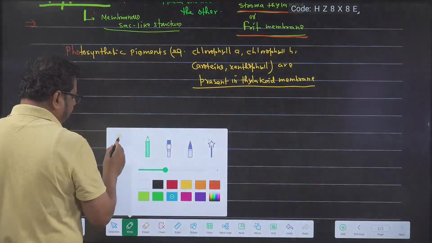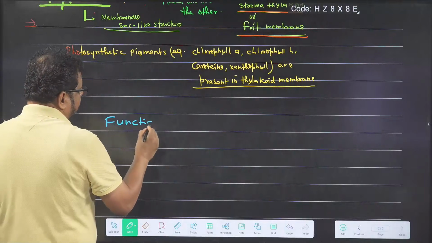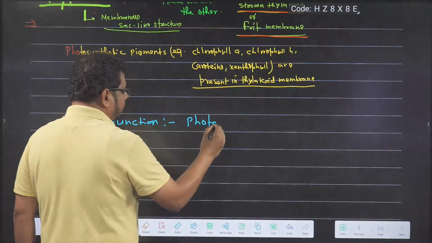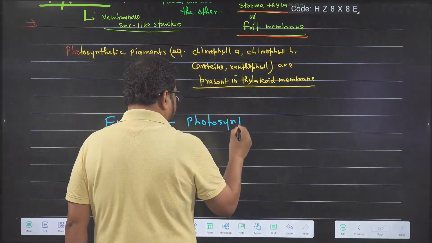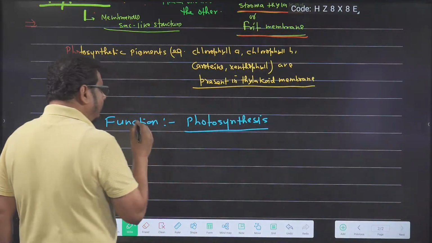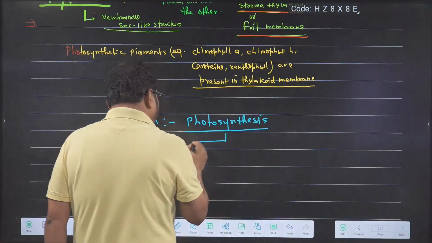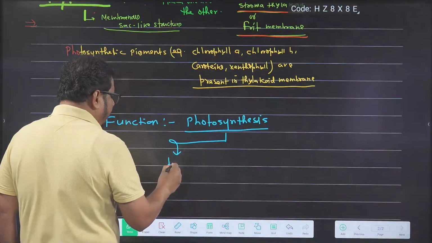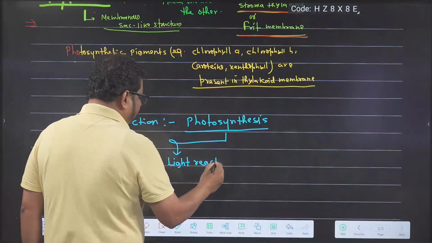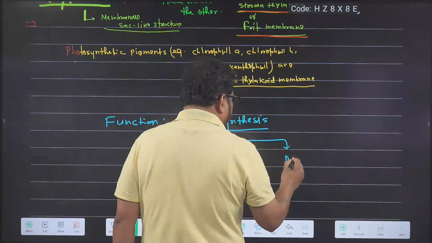Function of chloroplast: photosynthesis. It is possible that in 9th, 10th class you have studied that photosynthesis has two major components. One is which reaction? Light reaction. You are aware of that, you studied that, na? That basics. Another is which one? Dark reaction.